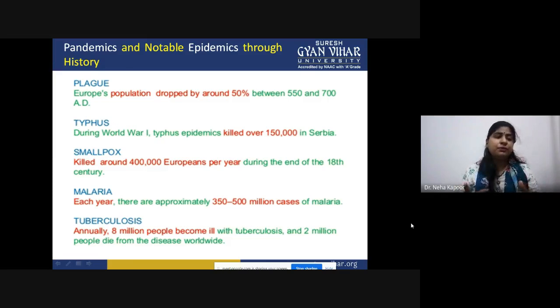That means 50% of Europe's population was depleted because of this plague. Then came typhus during World War One, in which around 1.5 lakh people died in Serbia. Then smallpox, malaria, and tuberculosis, whose death rates were increasing day by day. However, there was no efficient solution to them.